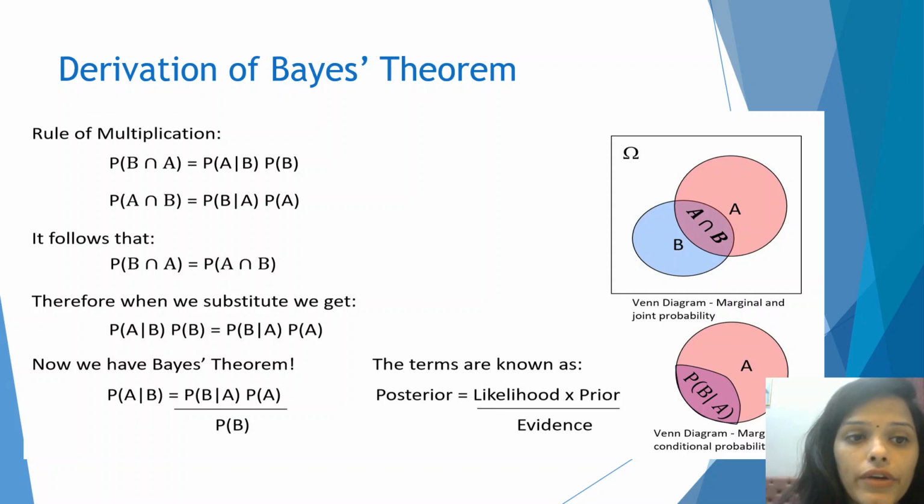As well, we already know, according to the probability rule, that probability of B intersection A is equal to probability of A intersection B. This is as per the mathematical formula of probability.